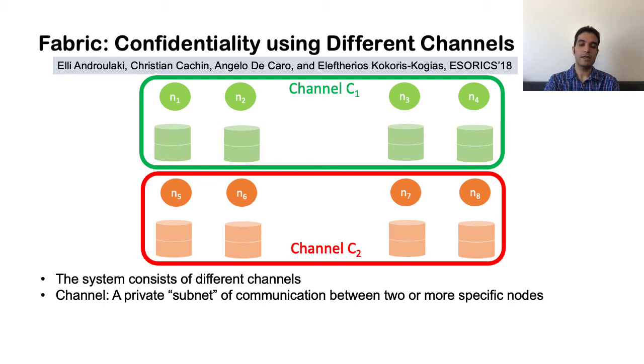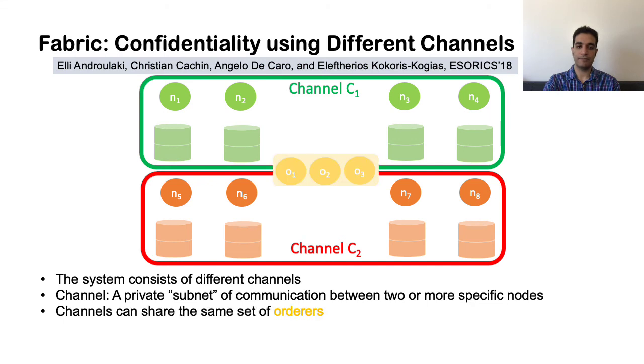So we can use channels. We can separate these 8 nodes into 2 different channels. So a channel is basically a private subset of communication between a set of specific nodes. So these nodes maintain the same data. These nodes maintain the same data. And they might still share the same set of orders, or might have different set of orders.